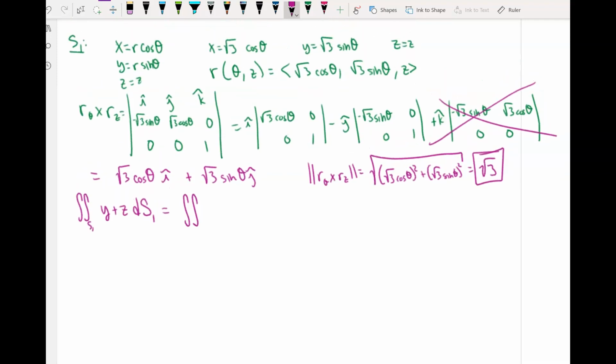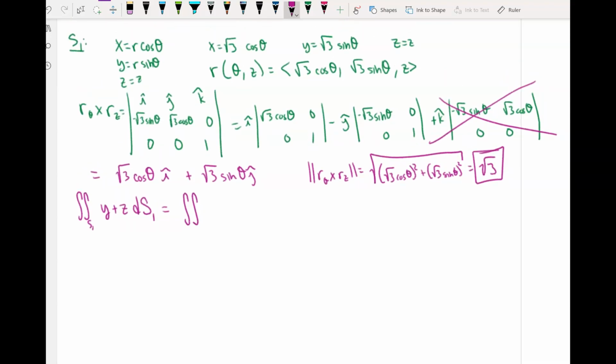Now we've got to think about what y is. So y in this case is going to be, let's look at the parameterization here, our x, our y, and our z. So our y is square root of 3 sine theta. And then our z is just going to be the regular z. So it's going to be plus z.